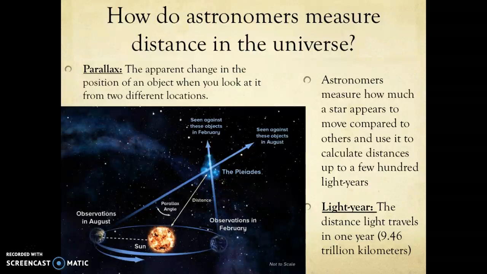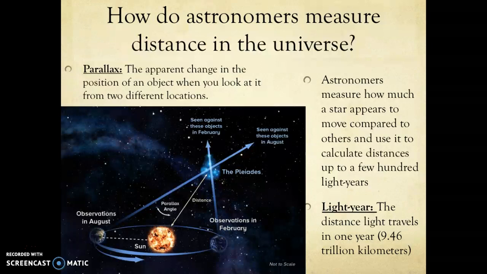So scientists do this with things like stars and planets and galaxies and things that we can see from Earth, whether it's using telescopes or just our eyes. They use parallax to do this.